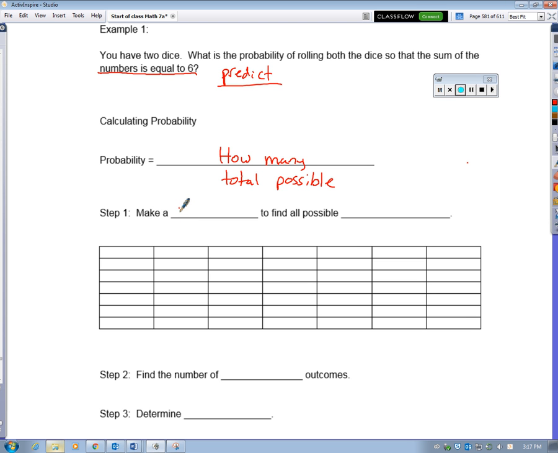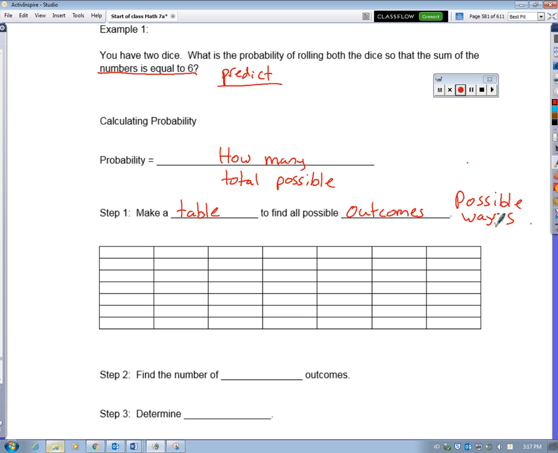We're going to make a table to find all possible outcomes. We want to find out all the possible ways that we could roll this dice. We need to find out what all the possible ways are of rolling this dice.